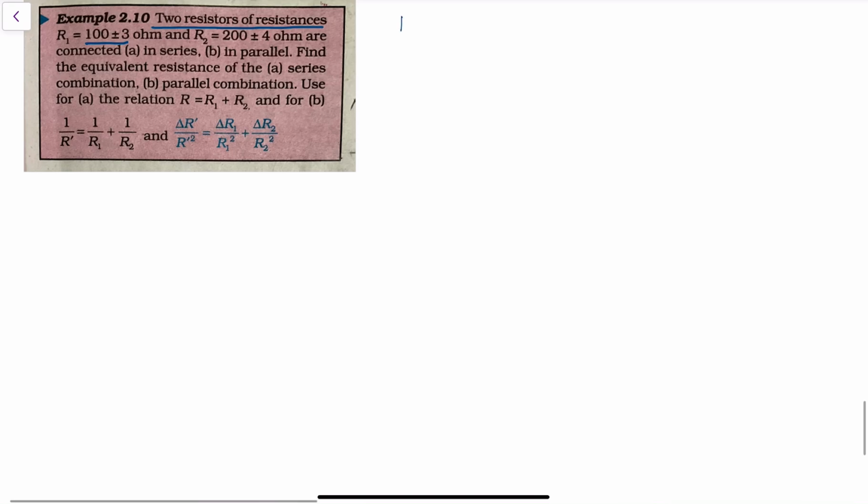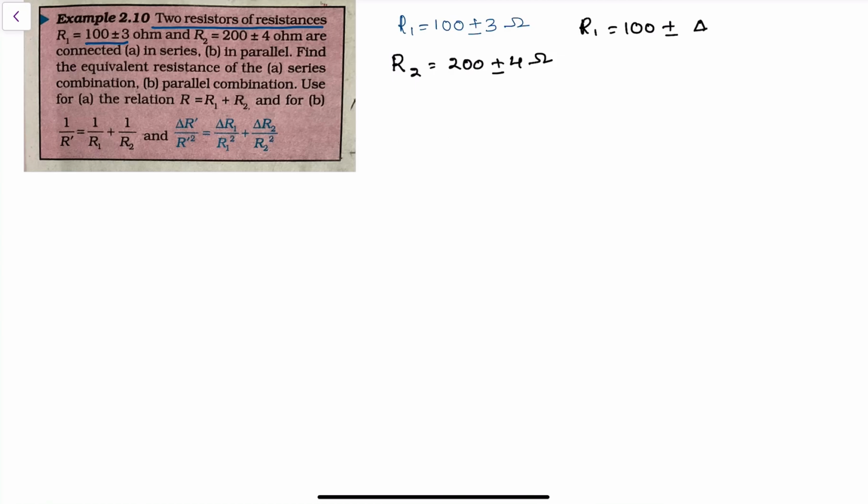One is called R1 is equal to 100 plus or minus 3 ohm, and R2 is equal to 200 plus or minus 4 ohm. So I can write this as R1 is equal to 100 plus or minus delta R1, R2 is equal to 200 plus or minus delta R2.